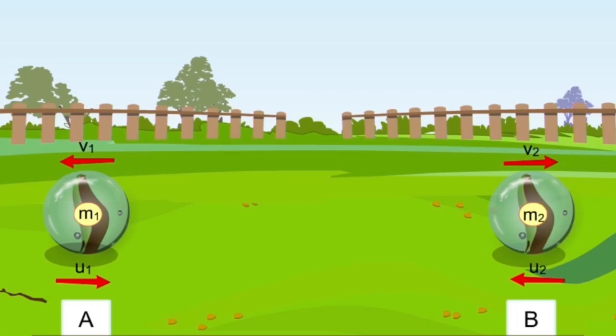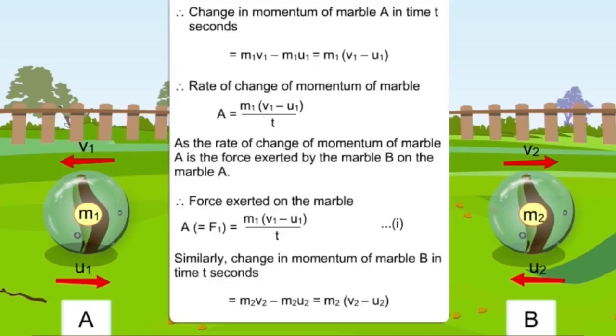Now, very importantly, when we are talking about the initial momentum of marble A and the initial momentum of marble B, we can relate that the change in momentum of marble A in time t seconds will be given as final momentum minus initial momentum.